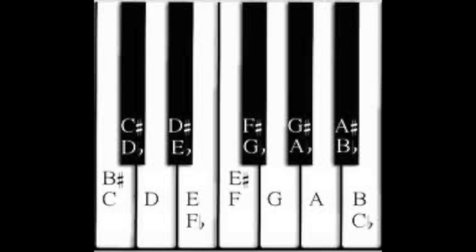We can see the exact same thing on every other black key on the keyboard. The next one over is simultaneously D raised to D sharp and E lowered to E flat. Those are enharmonics. But if I look at the points of intersection on the keyboard where there is not a black key between the two white keys, this is where things get really interesting because I still have enharmonics.